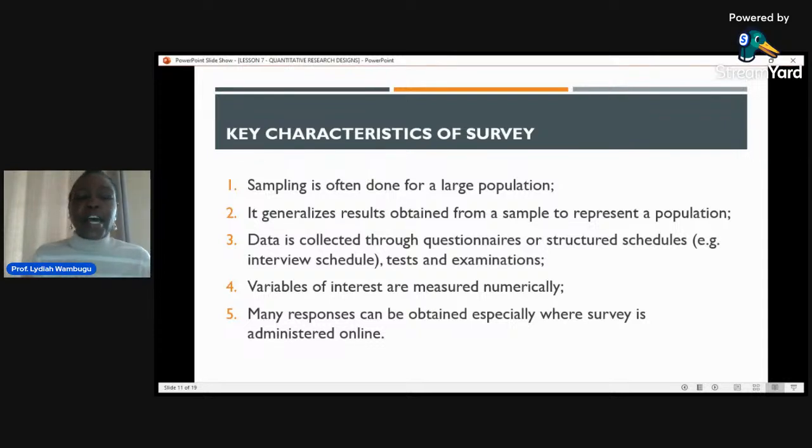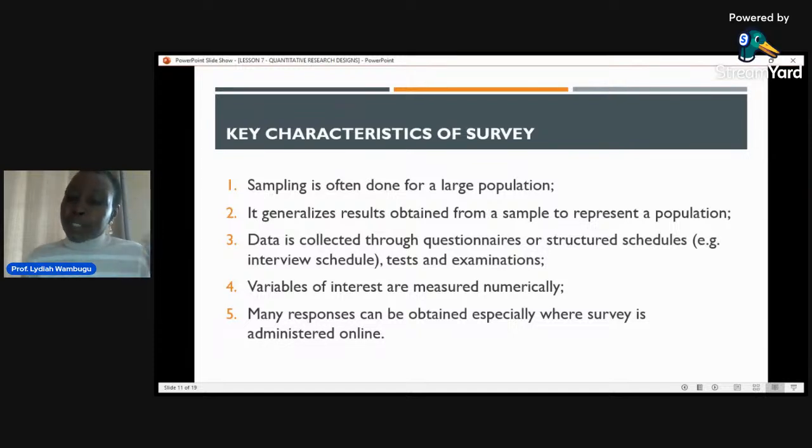The other characteristic is that it generalizes results obtained from a sample to represent a population. So we study a small sample so that we can generalize to the wider population. And let me just make a clarification. I know many of us, especially probably at the undergraduate level, when we are doing our projects, and because many of us use a survey, you normally talk about generalizing the findings to the wider population, yet your analysis is only descriptive.